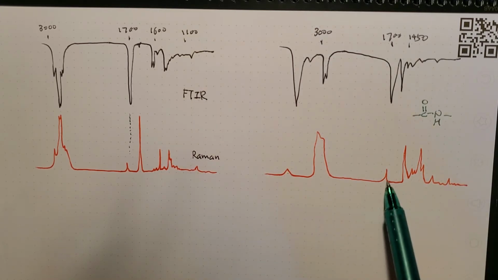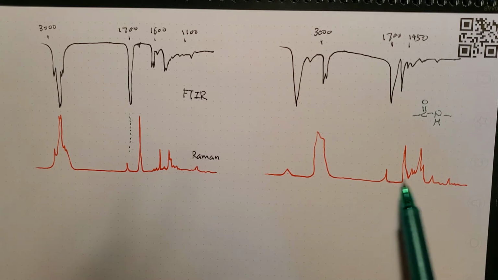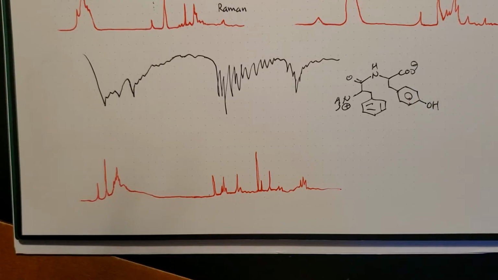And then the C=O double bond again became small as some of the stretchings of the other signals became intense. That's showing the complementary properties of these two to each other.